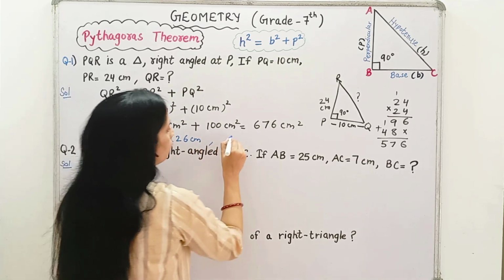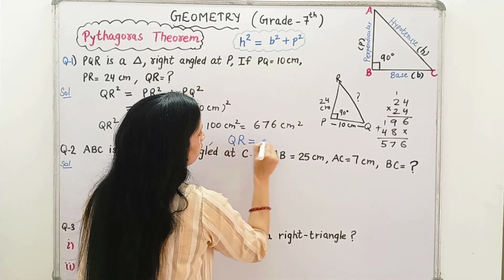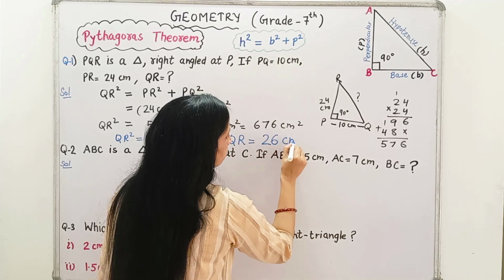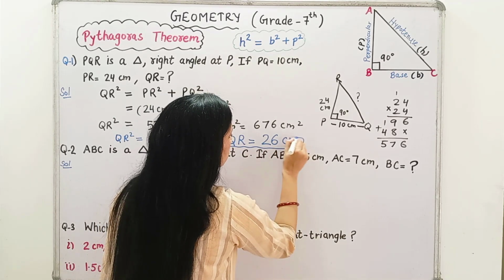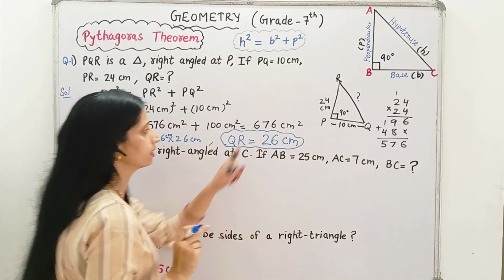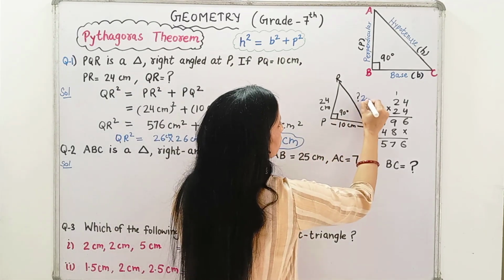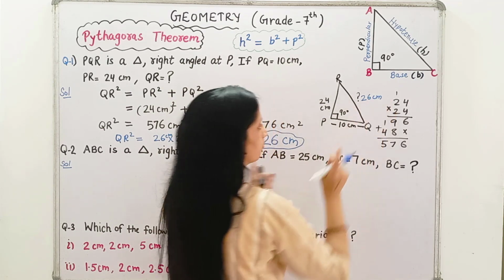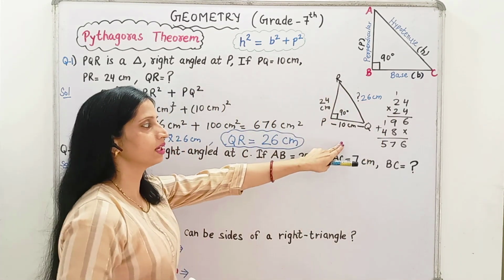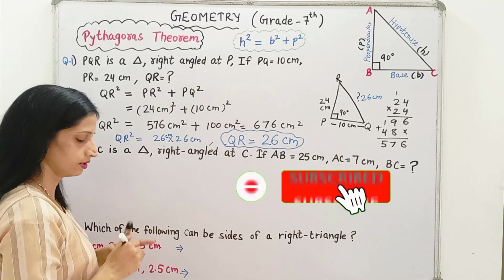This means the value of QR will be equal to 26 centimeter, because 676 is a square of 26. So the value of QR will be 26 centimeter. Okay. Similarly, we will do one more question.